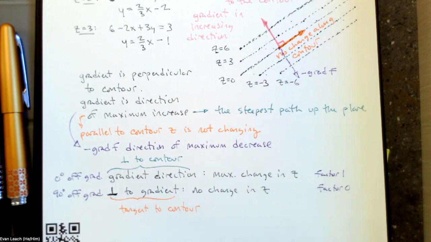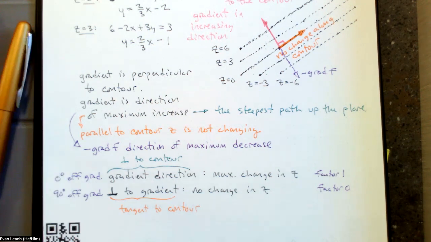0 degrees gives us a factor of 1. 90 degrees gives us a factor of 0. Moreover, if I go negative 90 degrees, the other direction, I'm down to a factor of negative 1. That's the opposite direction of the gradient. So there's additional information. Opposite gradient.